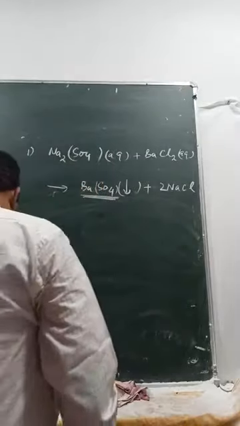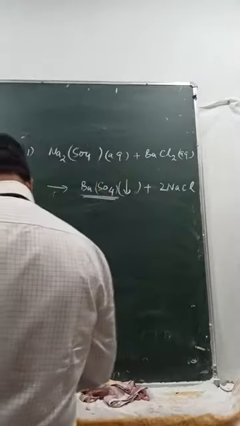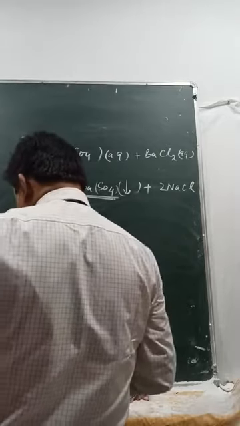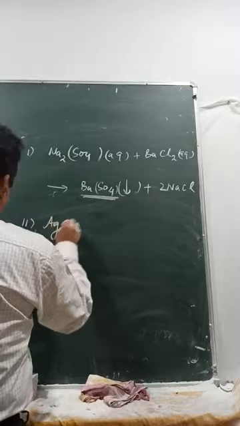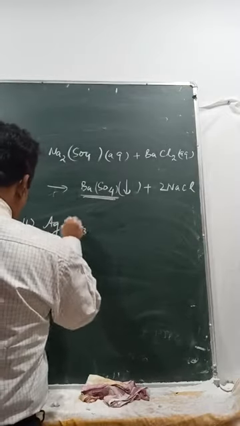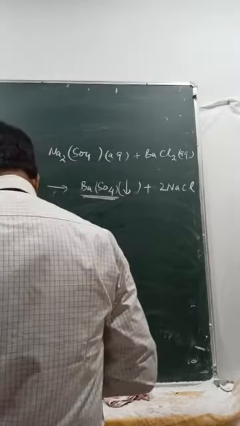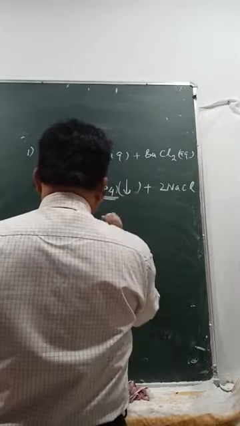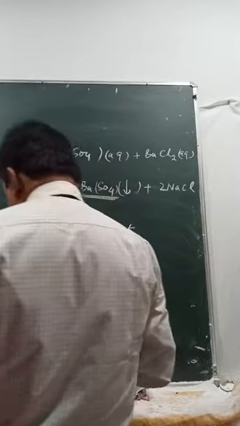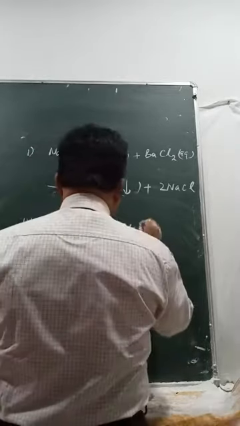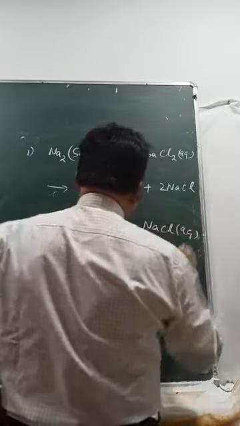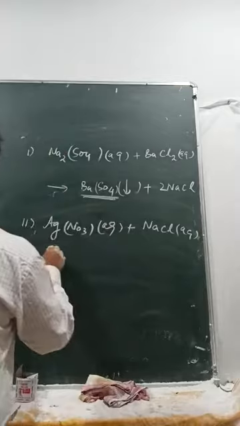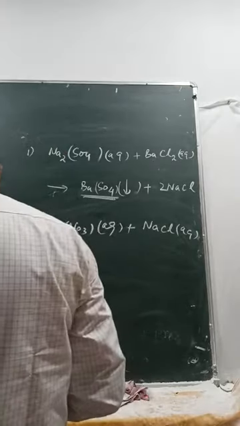You can take one more example. That is AgNO3 plus sodium chloride. When these two are mixed, what do you get here?